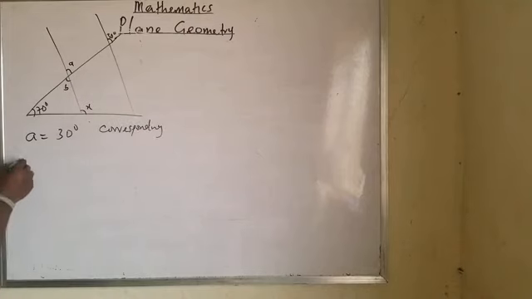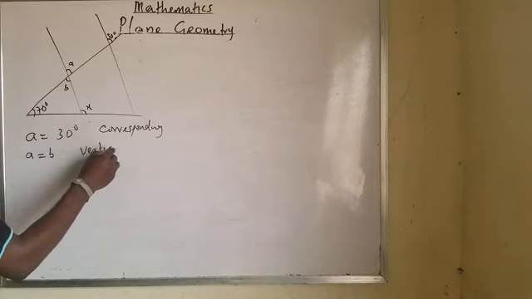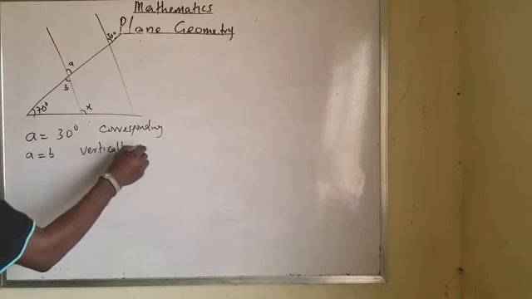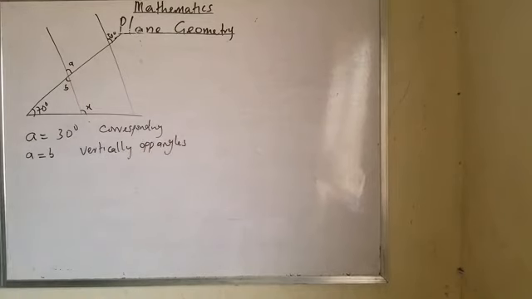And A equals B, vertically opposite angles. That one I'll show you there. Since I have that, it means I can say that vertically opposite.